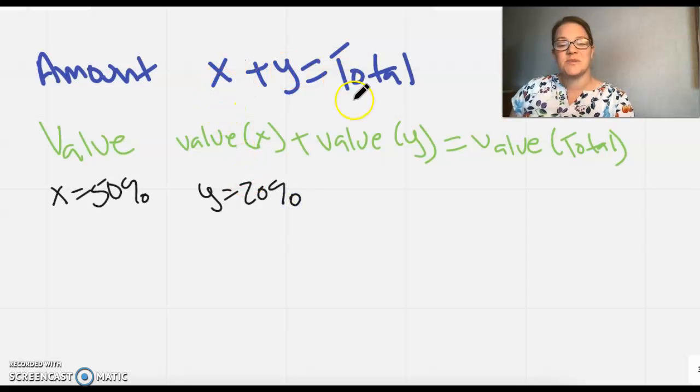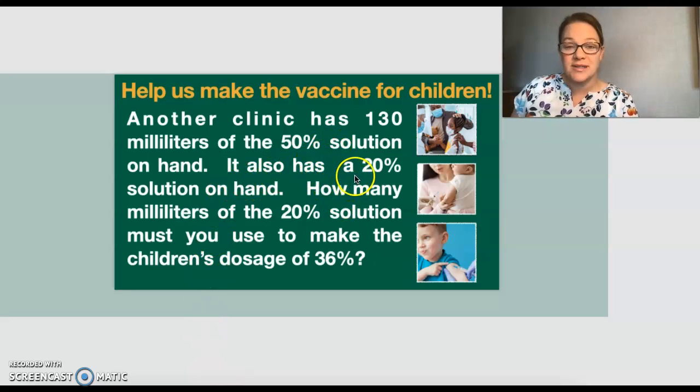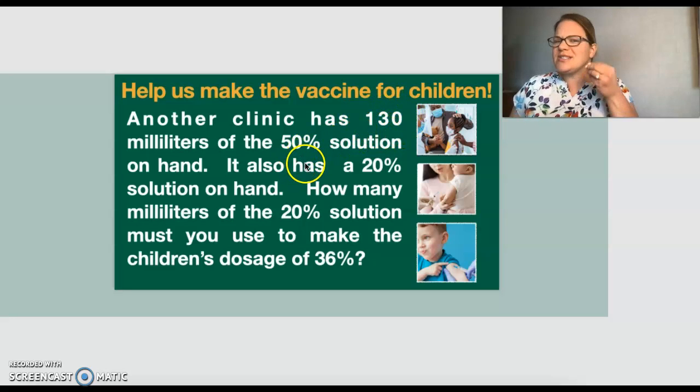So now we say x plus y equals the total. But they don't tell us the total amount of milliliters that they need of the 36% solution. They tell us we have 130 milliliters of the 50. You're used to getting that total, and now it changed.